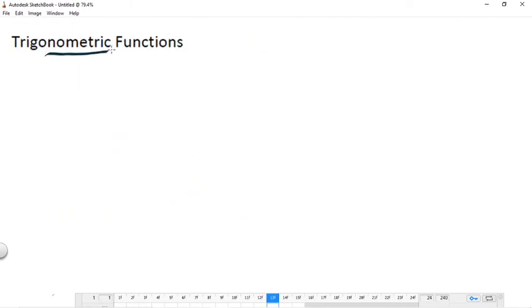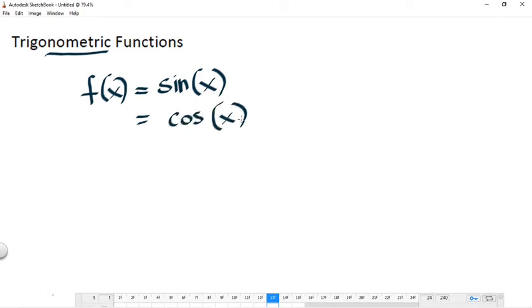Trigonometric functions are included as well. They can be in the form of f of x is equal to sine of x, cosine of x, and tangent of x.